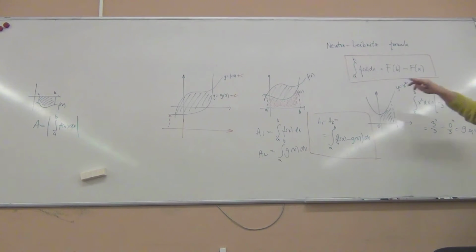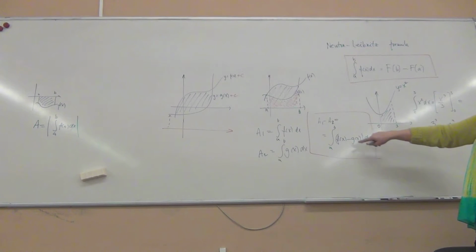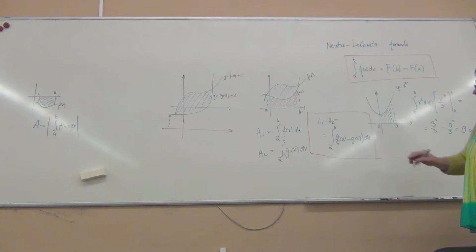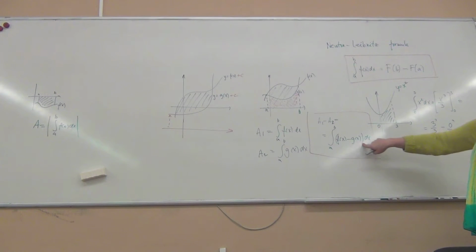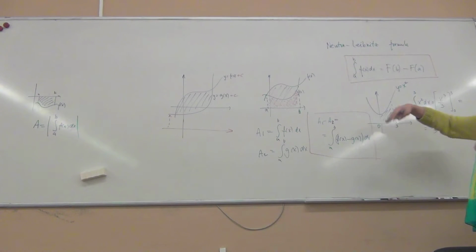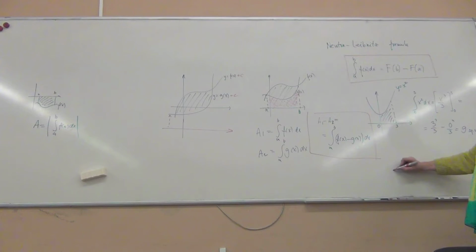This one is the formula for the area between two curves, which works no matter whether the functions f and g are positive, negative, changing signs, or whatever. Of course, there might be this situation where one function is on top in one part and then the other function is on top in the other part.